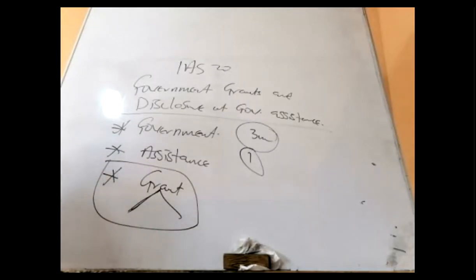Before that, let's look at the recognition criteria for grant. Meaning that how do you record grants? Now, the recognition criteria is based on two conditions. So before you record grant in the books, make sure that two conditions are in place. If these two conditions are not there, please don't record a grant.